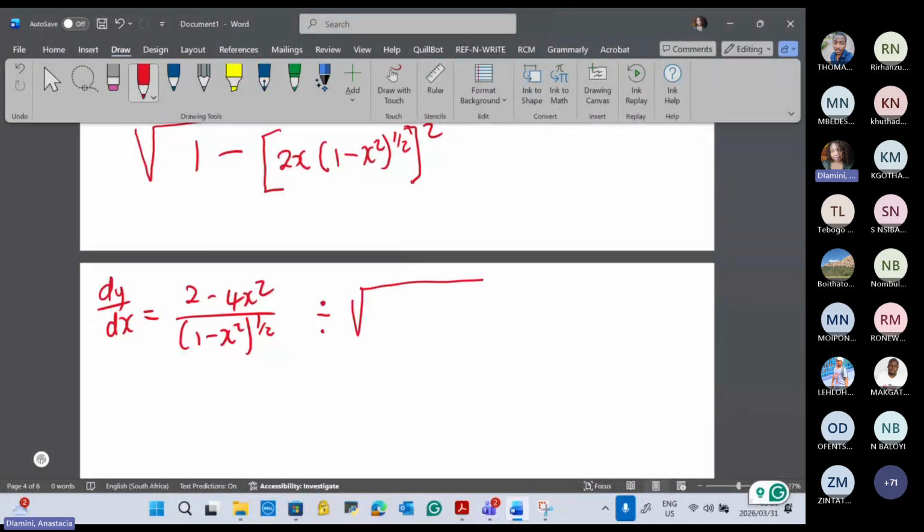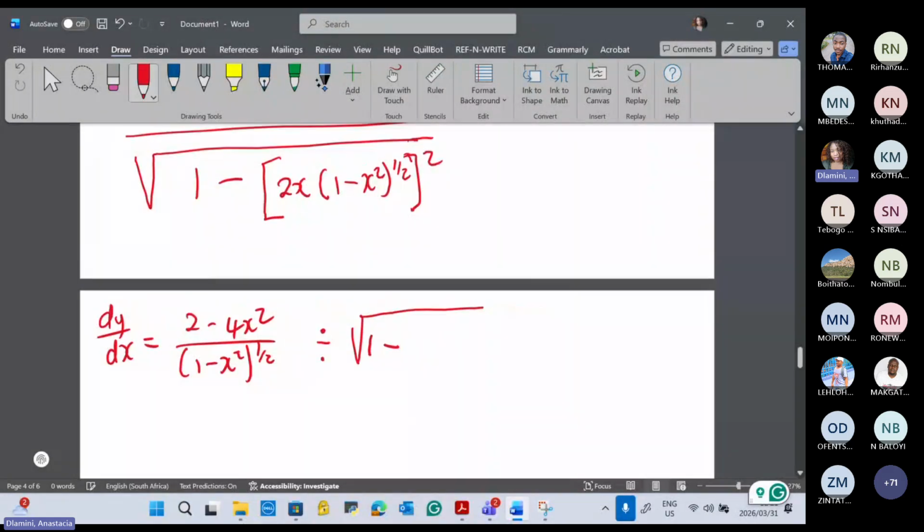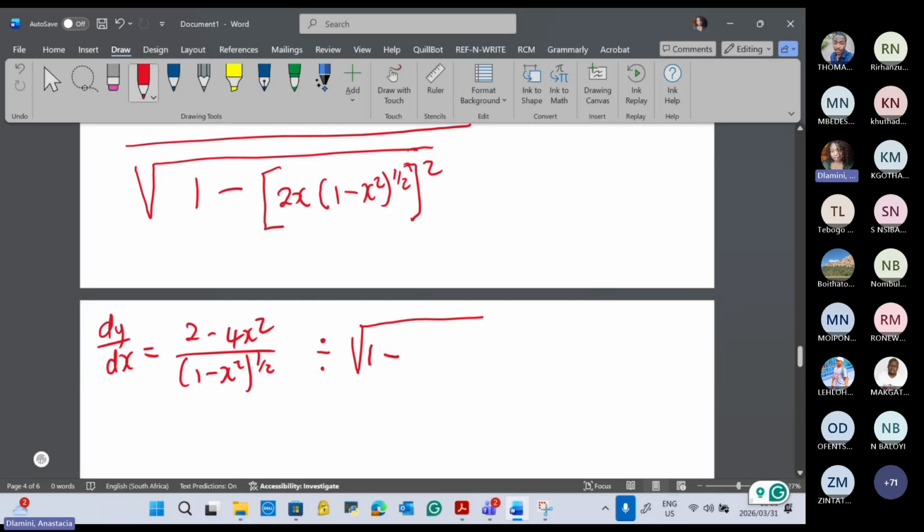Do you agree that according to the exponential law, if you have a times b times c and you square it, this is the same as a squared times b squared times c squared, each to the power of 1 times 2? Do you remember that?